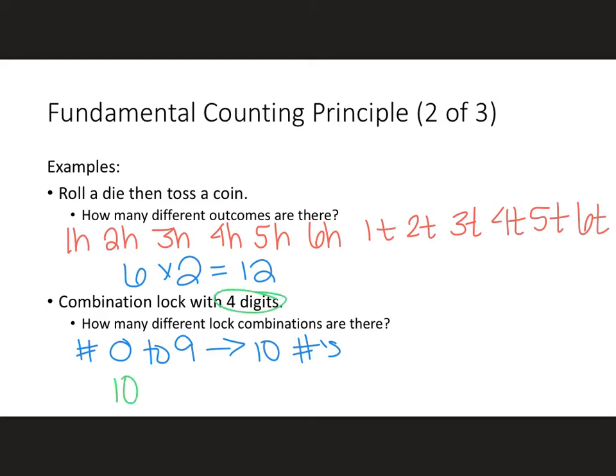So I'm going to do 10 times 10 times 10 times 10, or 10 to the 4th. And that's going to give you 10,000 outcomes. You would not want to try to come up with all of those outcomes. So this shortcut gives you the knowledge of how many outcomes could be in that set.